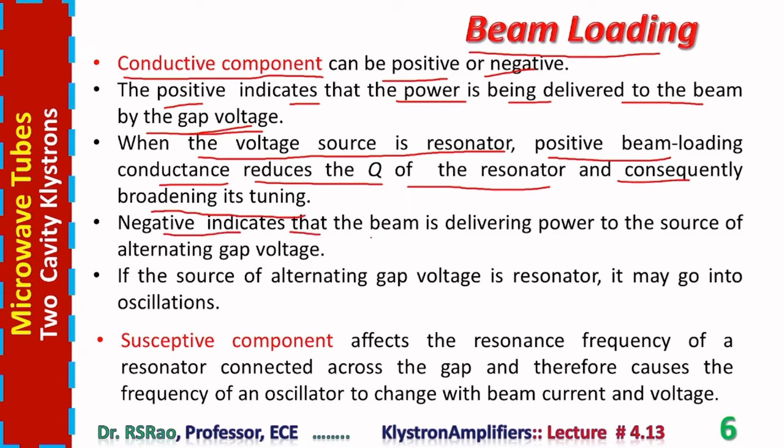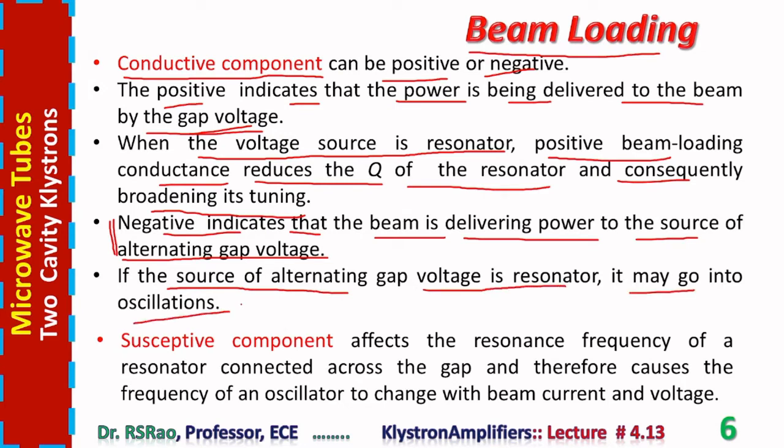Negative indicates that the beam is delivering power to the source of alternating gap voltage. This is the situation that occurs at the output. If the source of alternating gap voltage is a resonator, it may go into oscillations.